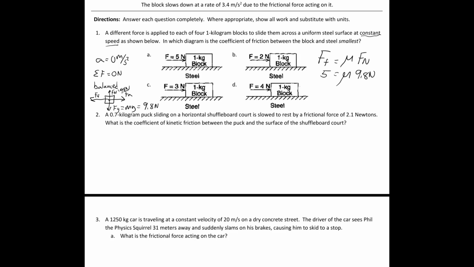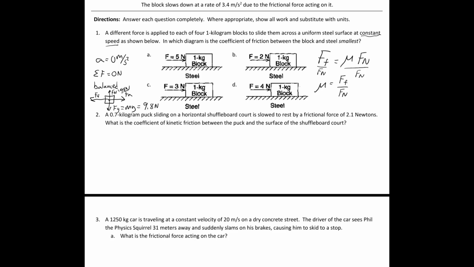Okay, first it's 5, then it's 2. All right. Technically, even though I like to use the Ff equals mu Fn formula because it's on the reference table, you guys should really know the coefficient of friction is just the ratio of the frictional force to the normal force. And we found that by dividing both sides by Fn.